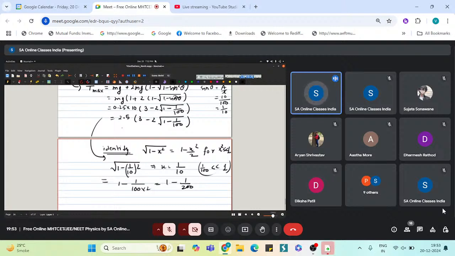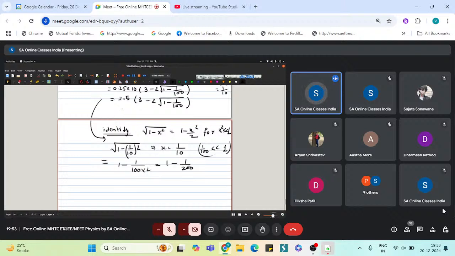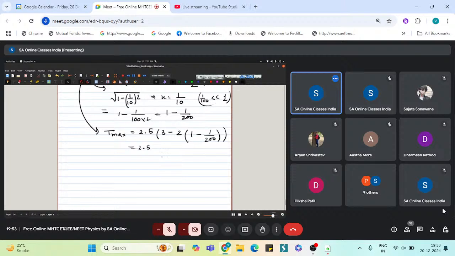So this is just to keep the things in integer. This is a trick that we can use, or the identity that we can use. And then just taking this thing again, T max is just going to be equal to 2.5 into 3 minus 2 into 1 minus 1 upon 200, and then this is just going to be equal to 2.5 into 3, and this will be 2 into 2 is just 1. 3 minus 2 is just 1, and then plus 1 upon 100.